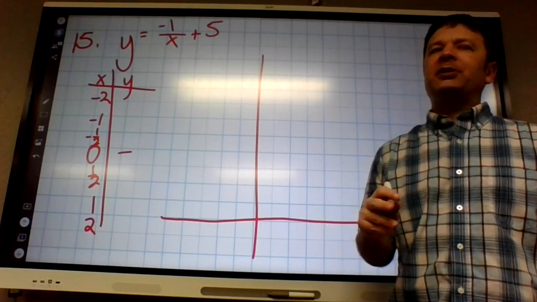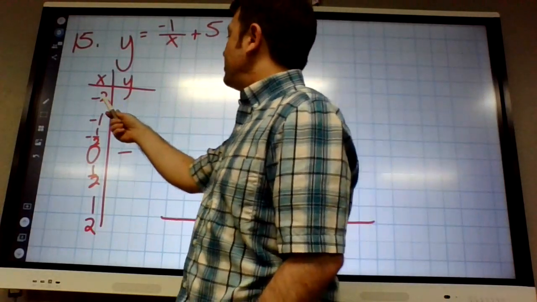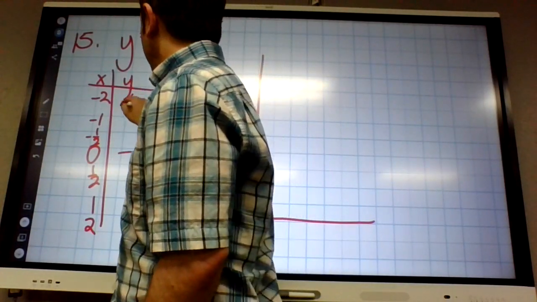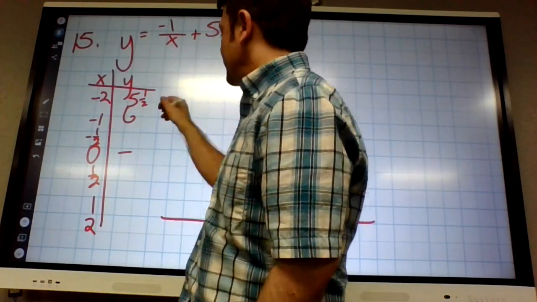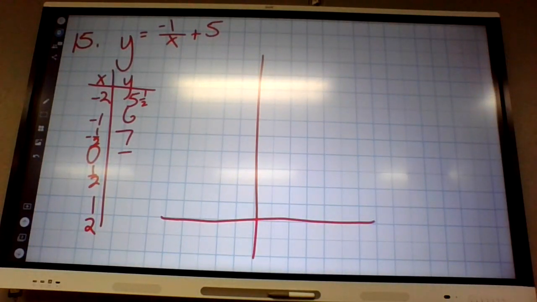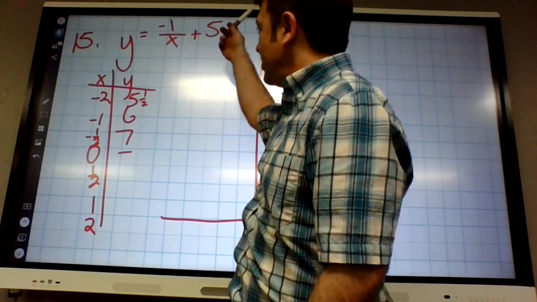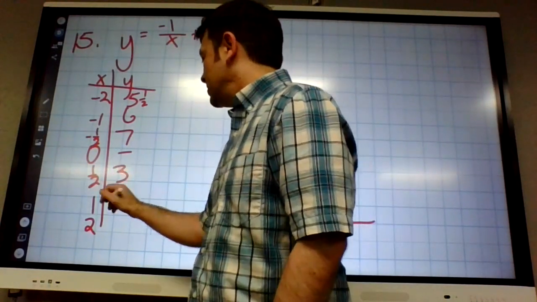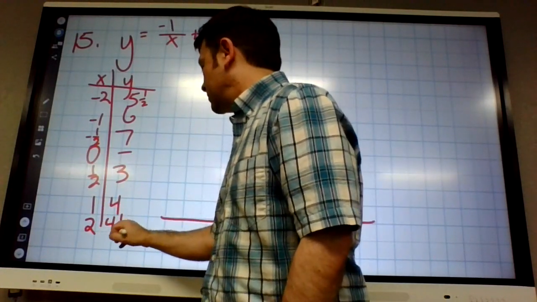You guys remember what the negative is going to do to it? Vertical flip. So if I plug in -2, I get 1/2 plus 5, 5.5. If I plug in -1, I get 1 plus 5 is 6. -1/2, 2 plus 5 is 7. I'm impatient, I'm just plugging stuff in. You guys know how to do it, so there's no big reason for me to talk slowly. -1 divided by half is -2 plus 5 is 3. 1 plus 5 is 4, 1/2 plus 5 is 4.5.